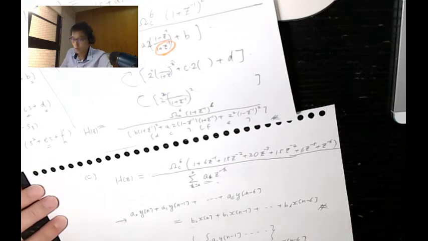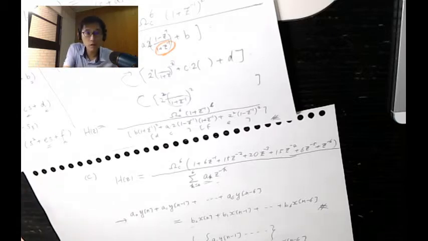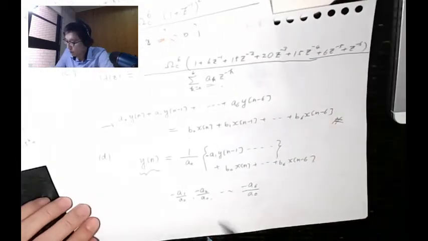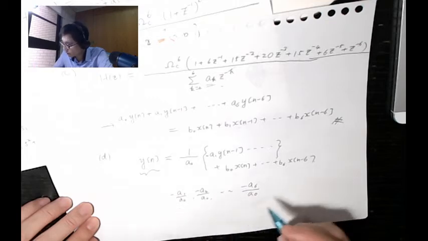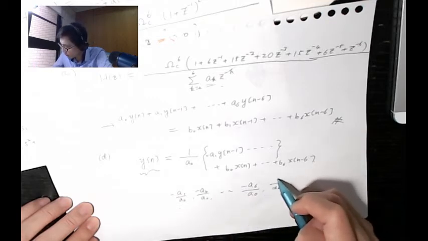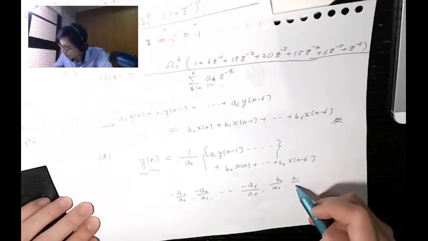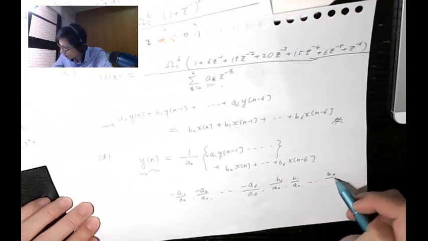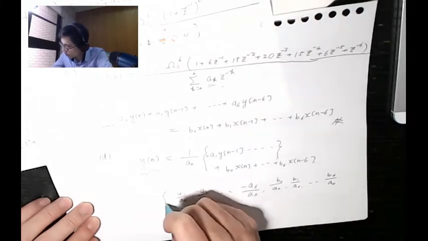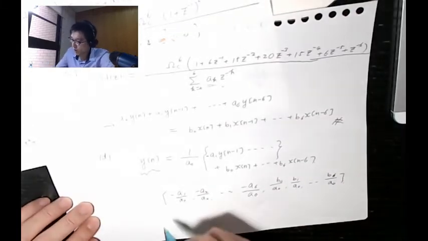Of course we can pre-compute coefficients such as minus a1 divided by a0, minus a2 divided by a0, up to minus a6 divided by a0. I'm sorry, I'm running out of space. You can pre-compute these coefficients, as well as b0 divided by a0, b1 divided by a0, up to b6 divided by a0, and store them somewhere.